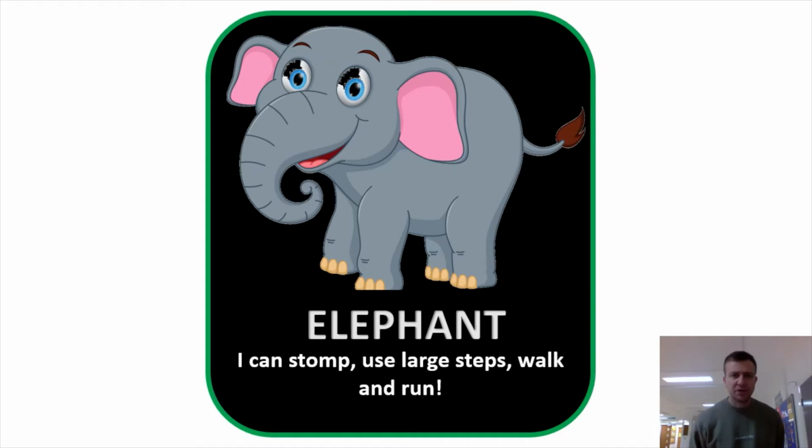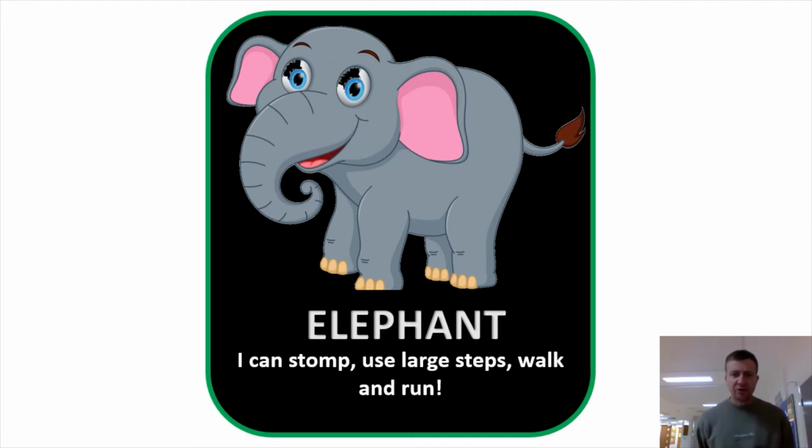Now we are going to turn into a big, stomping elephant. And how can we do this? Well, we may need to move around the room using large steps. So big steps on the floor. Elephants don't really move fast, so you need to take your time and move slowly.